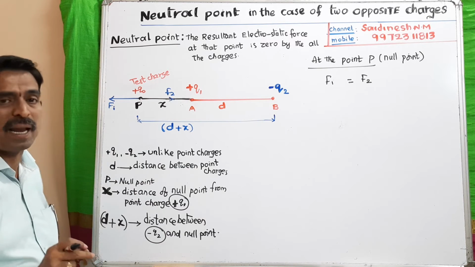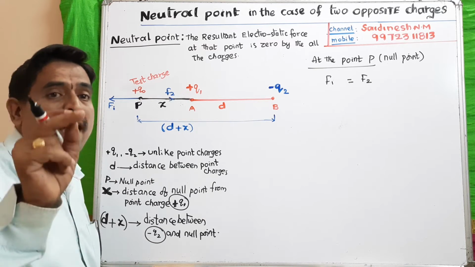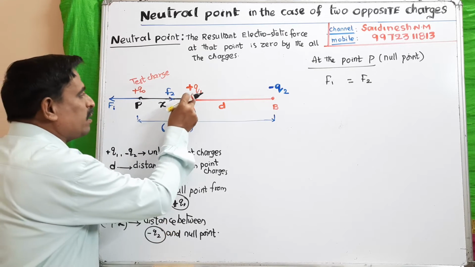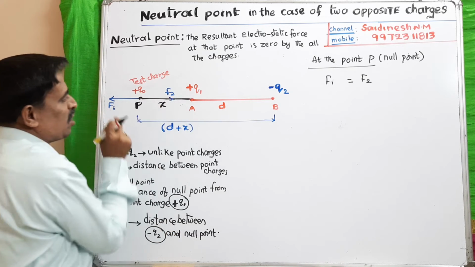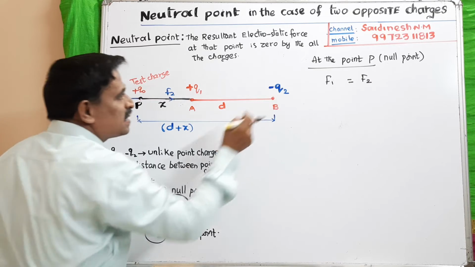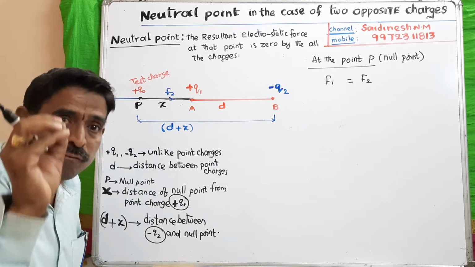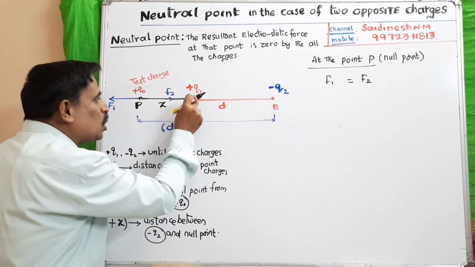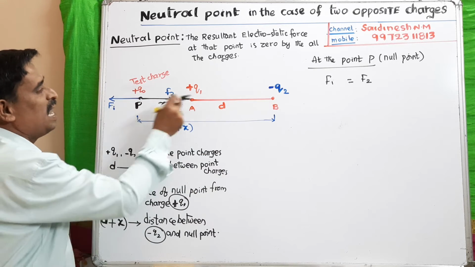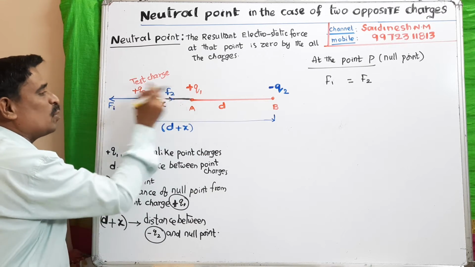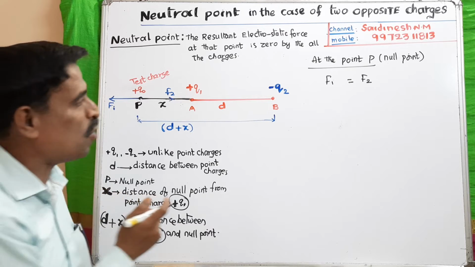Now I am applying Coulomb's law in electrostatics between these two point charges. F1 means the electrostatic force between the charges Q1 and Q0. In between Q1 and Q0, there exists a repulsive force.